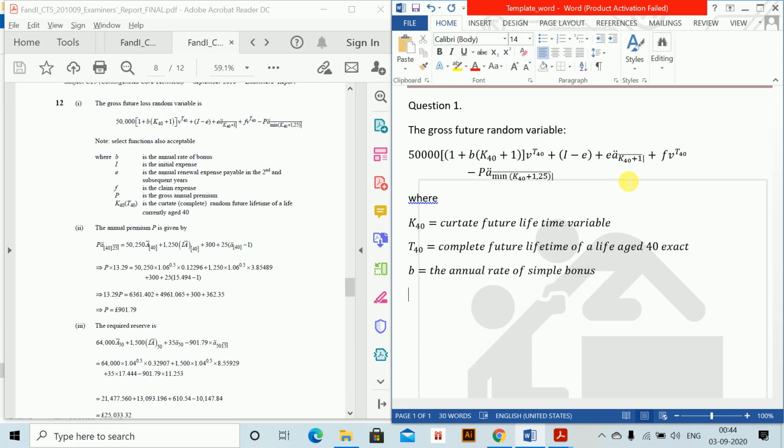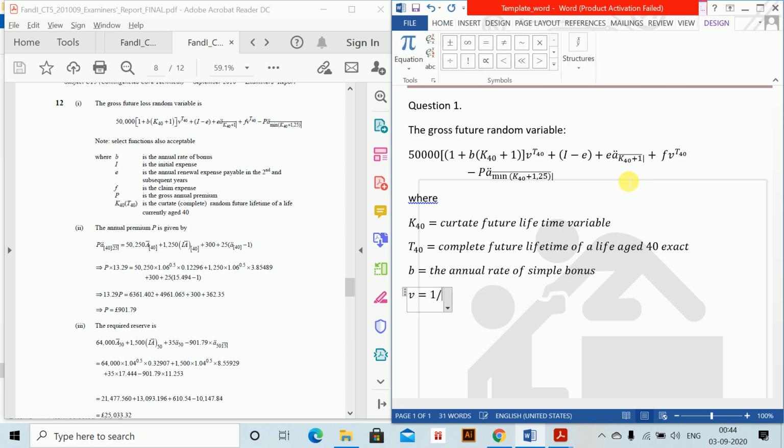Then v is equal to 1 by 1 plus i, where i is the rate of interest. Capital I is the initial expense.